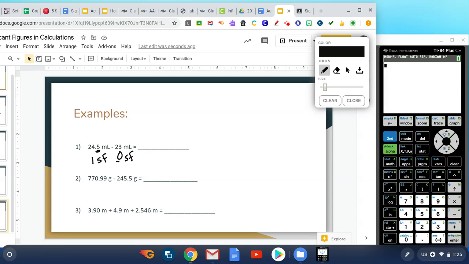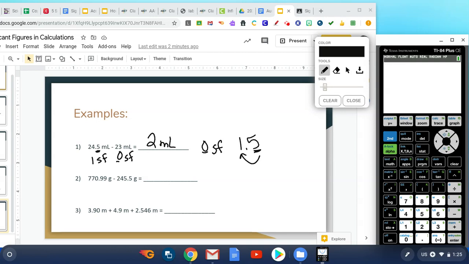Well, 0 is smaller than 1, so I should have 0 sig figs to the right of the decimal here. So I'm going to complete my calculation. 24.5 minus 23. My answer is 1.5. However, I cannot have this to the right of the decimal, so that means I need to round it up to 2. And since I've got milliliters minus milliliters, it is still 2 milliliters. So that is the appropriate number of significant figures.